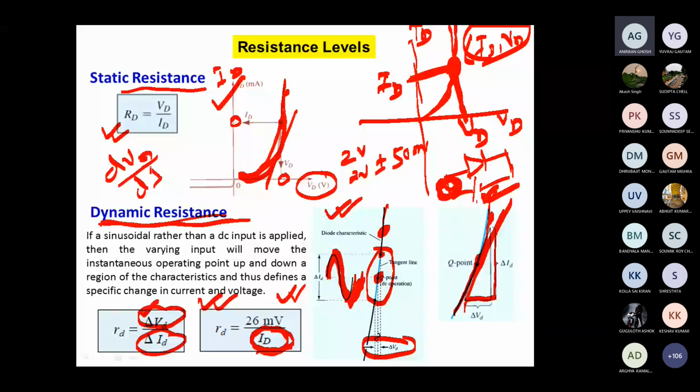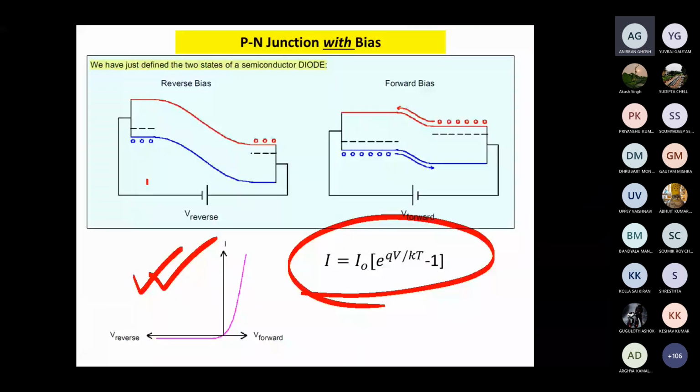And you know the ID-VD equation, the diode characteristics equation. This is ID and diode VD. So if you do this derivative, you will have this one.